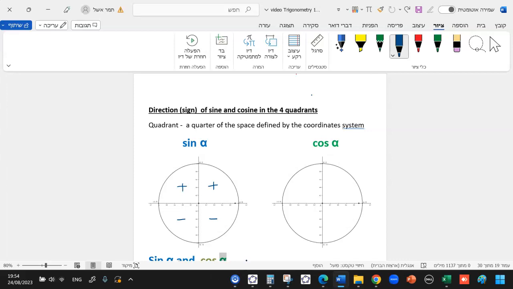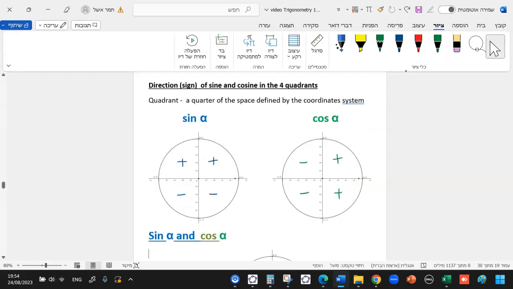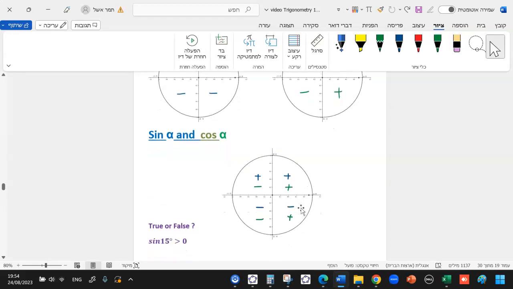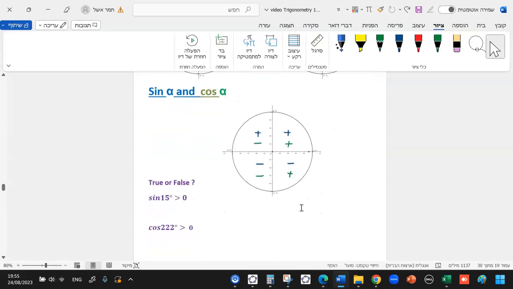This is where y is negative. As for cosine, cosine is the x coordinate, so it is positive here and here on the right side, and negative here and here.